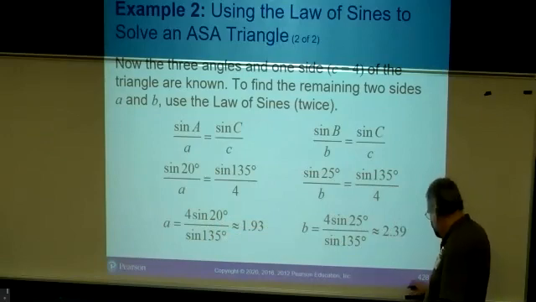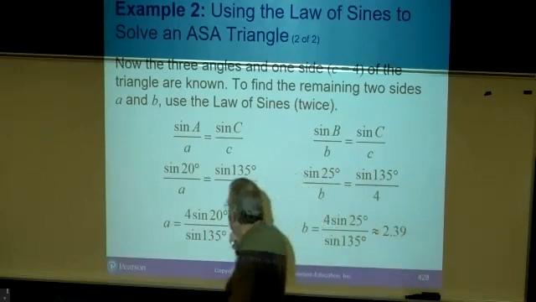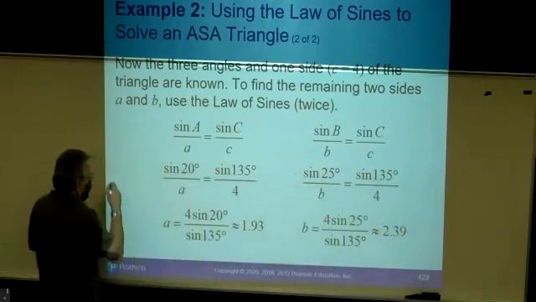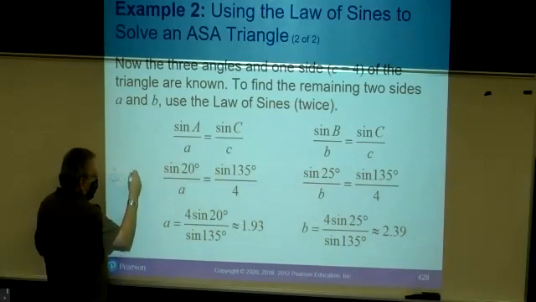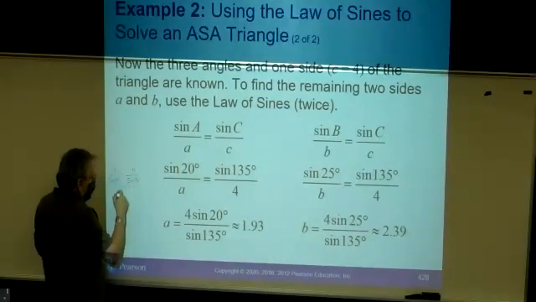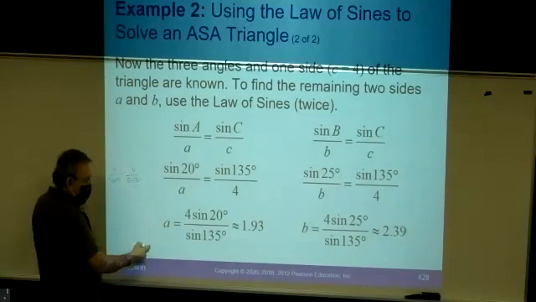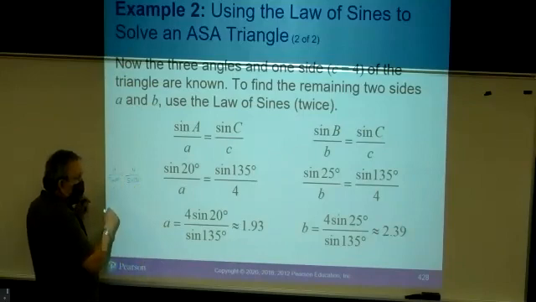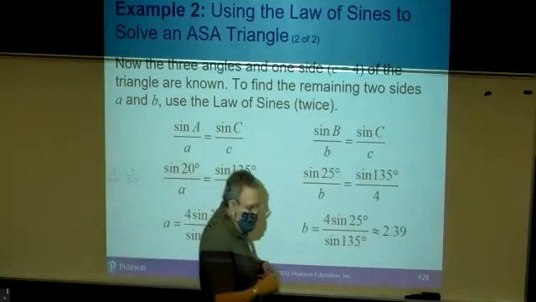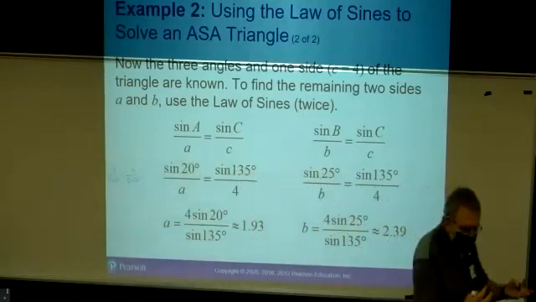Or another little trick you can do. I can write this as A over the sine of 20 equals 4 over the sine of 135. And then I just multiply both sides by the sine of 20, which gives me this. Because if you take the reciprocal of both sides, it's still going to be equal.